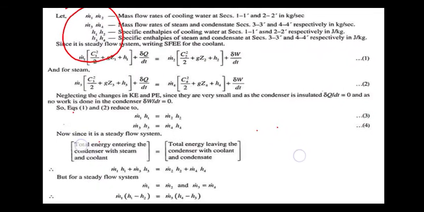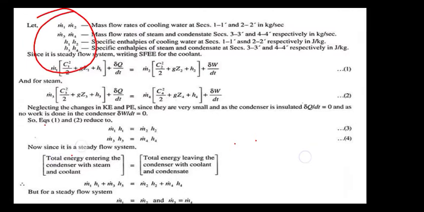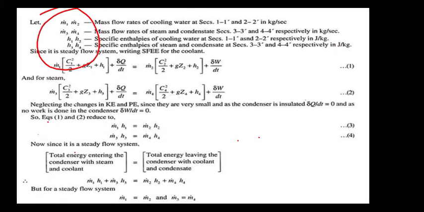This is the mass flow rate of cooling water at the entrance, and m3 and m4 represent the mass flow rate of the steam and condensed state at the end part. H represents the specific enthalpy.